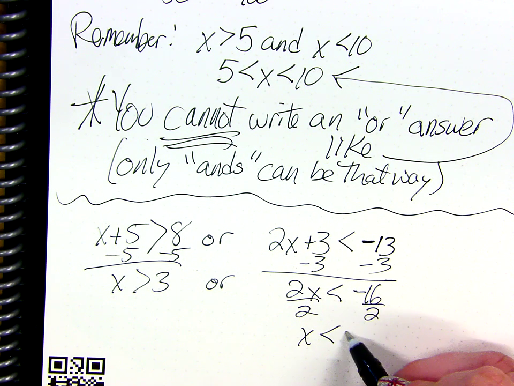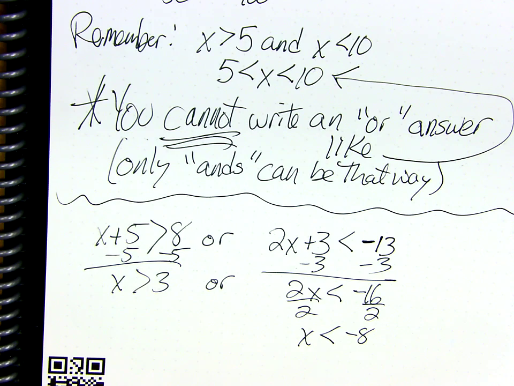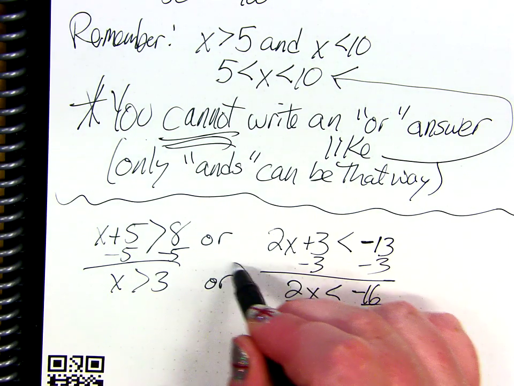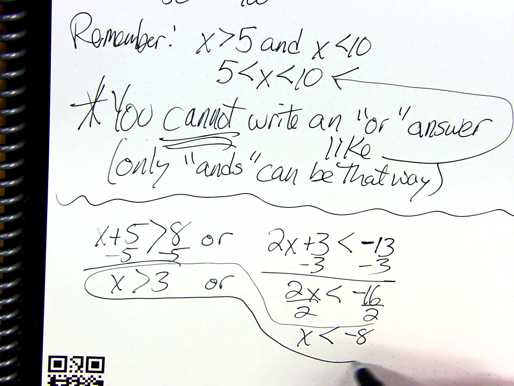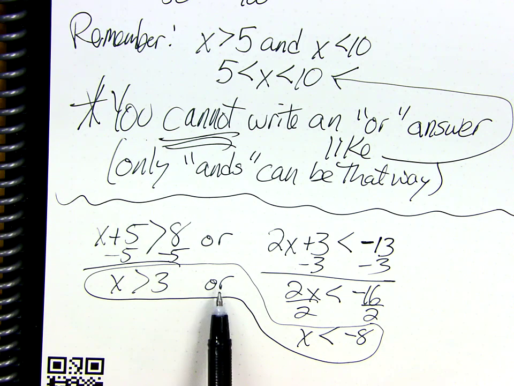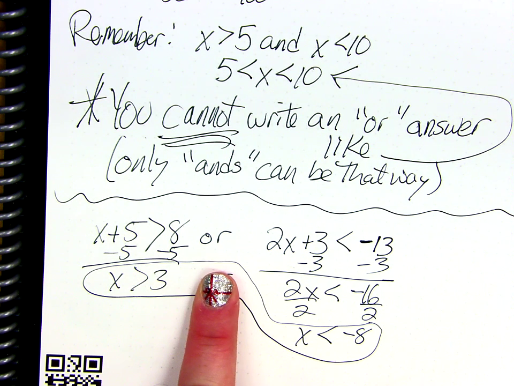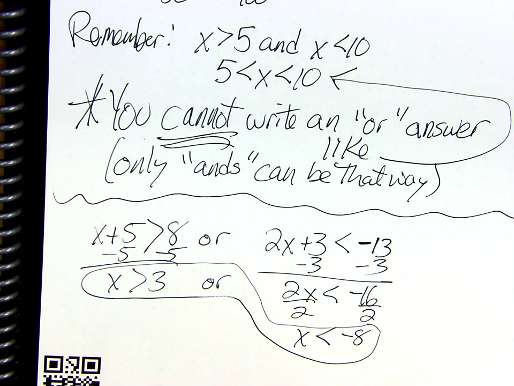X is less than negative 8. Okay, so this with the word or, that's kind of a big deal. You have to have the word or in your answer. Same thing, if it was an and problem, you'd have to have the word and in it or rewrite it as that one unit. You can't just have this and this without an and or an or, because it makes a huge difference. So, if you mean or, make sure you have or in there.